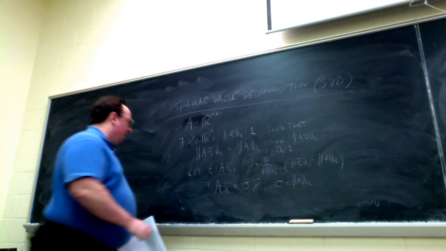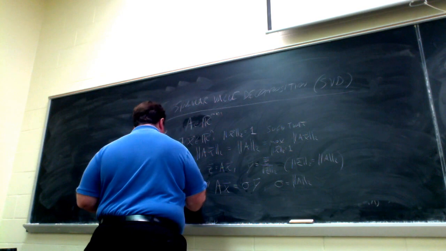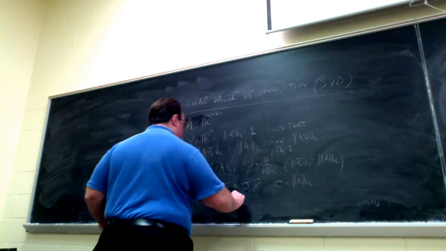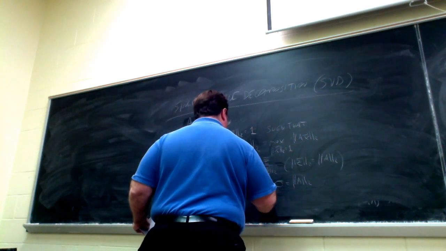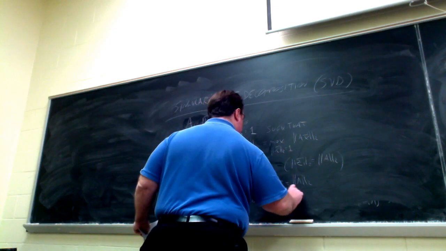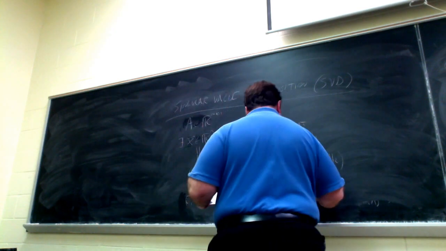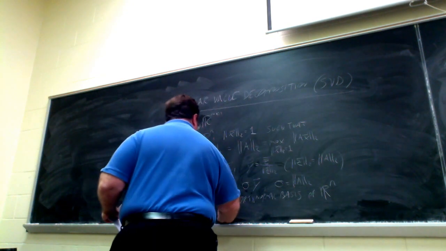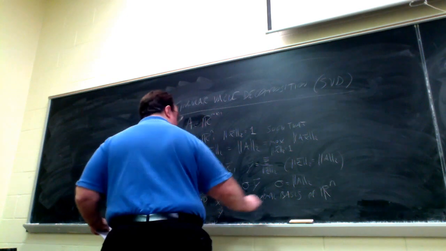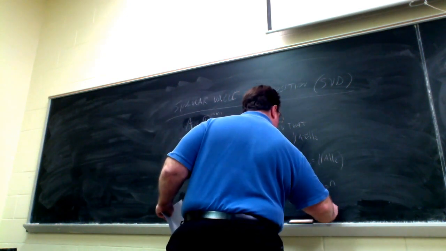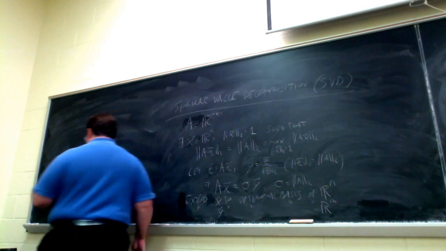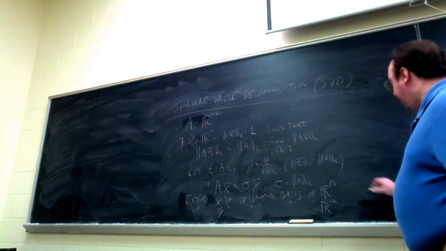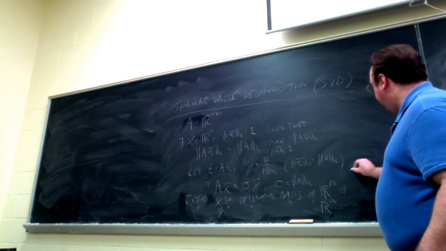Okay. Now, if we extend x to an orthonormal basis of R^n, and similarly extend y to an orthonormal basis of R^m, then, based on the previous discussion, we get orthogonal matrices.